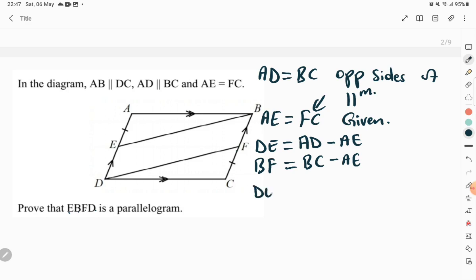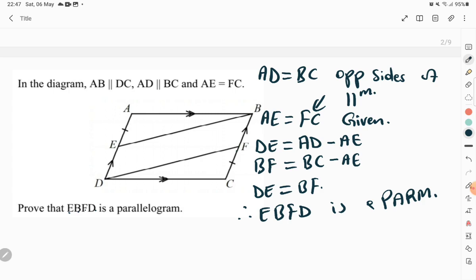So DE is now equal to BF, right? So we basically have that. Now, after that, we can just say, therefore, EBFD is a parallelogram.